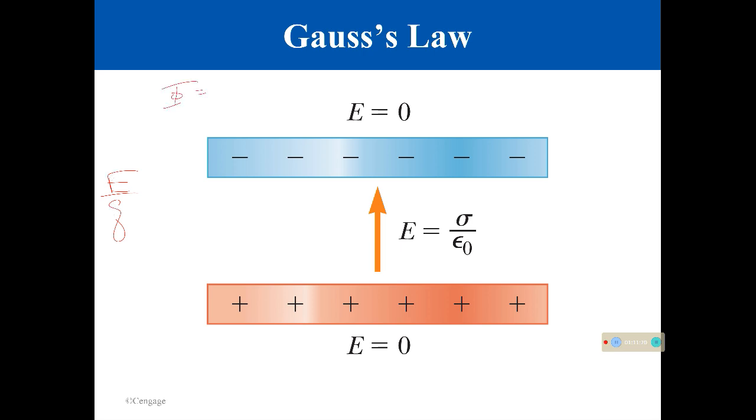Electric flux is equal to Q over epsilon naught, which is equal to E times A. So if I just divide A underneath, E is equal to Q over A, over epsilon naught. Q over A is known as charge density. This right here is charge density.